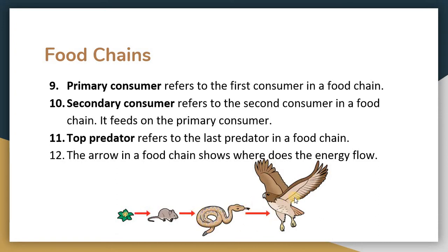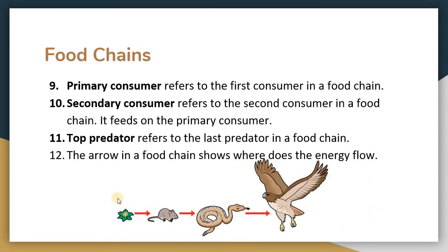And lastly, we have the top predator in the food chain. So a top predator refers to the last predator. So if you look at this food chain, the last member in the food chain is always called a top predator, or sometimes we call it a tertiary consumer as well.